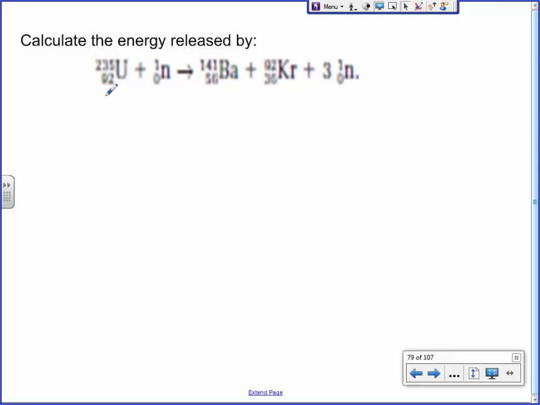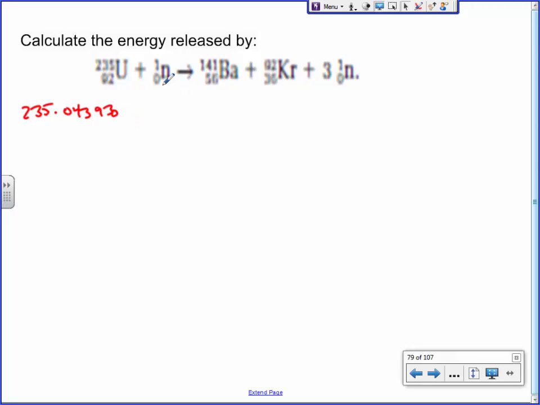So if I look up uranium-235 on this table here, it weighs 235.043930. I'm not going to write the unit next to it, but that's in atomic mass units. So that's not kilograms yet, that's just u's.